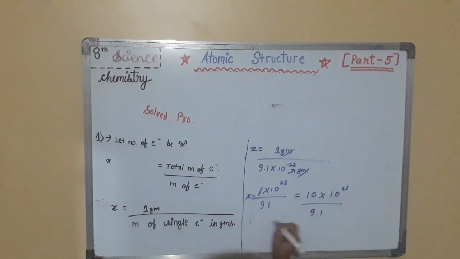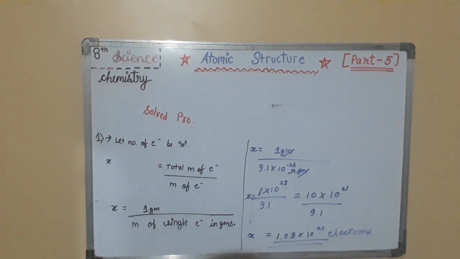So after simplifying all this, the value of x will be equal to 1.09 into 10 raised to 27 electrons. This is the final answer. I hope you have understood this question.